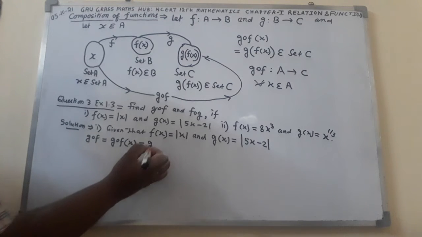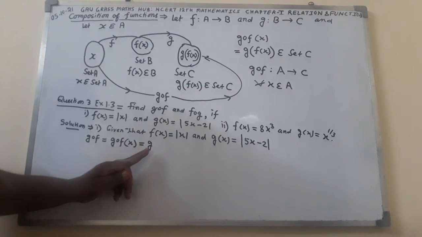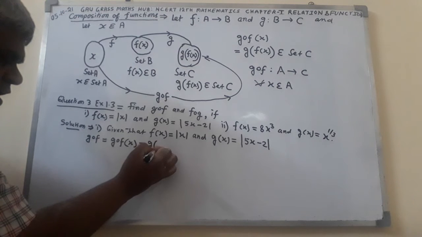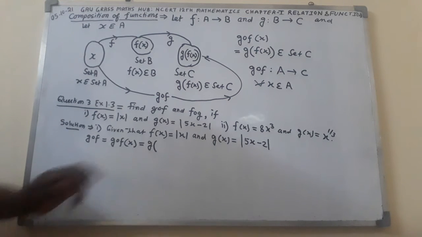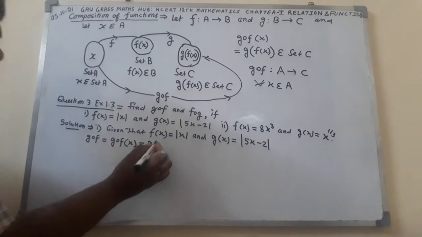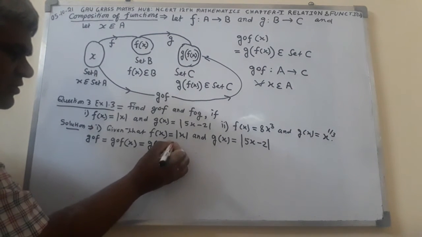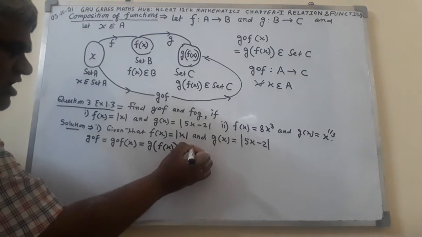Here write g in place of small o, write an opening circle bracket, inside write f of x. Write f of x like this. Equal to, here write g.